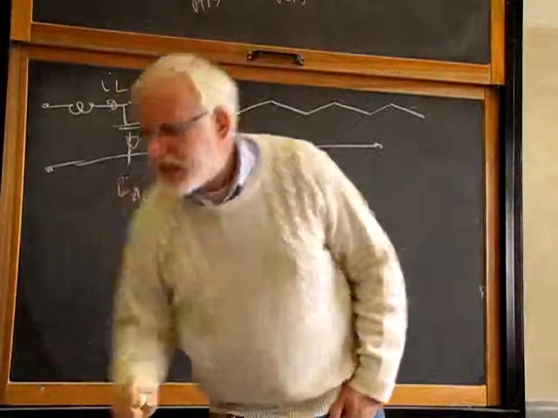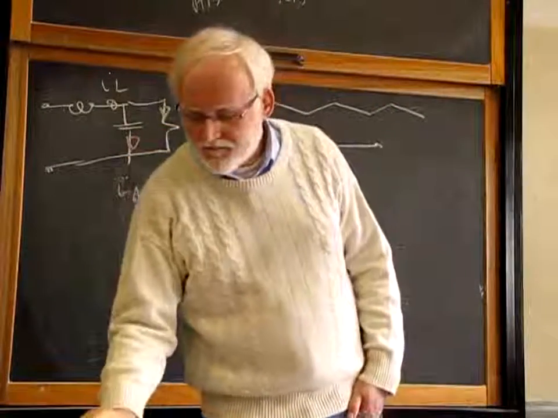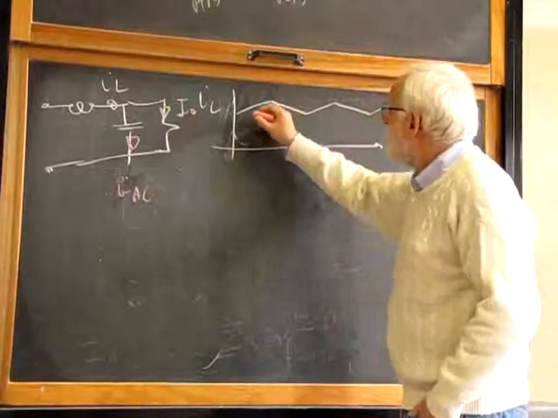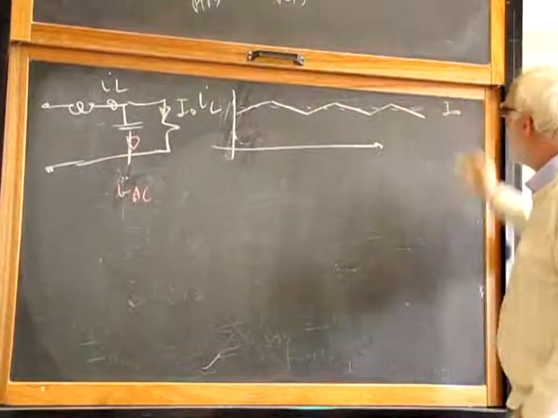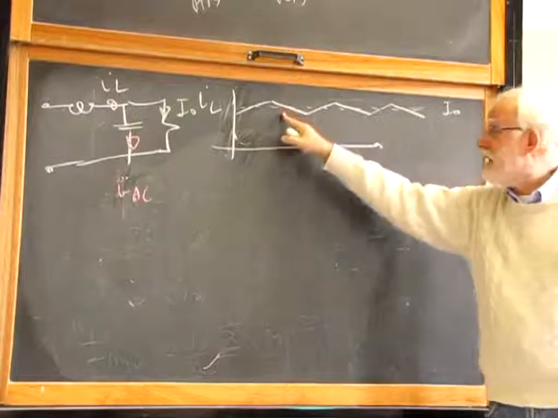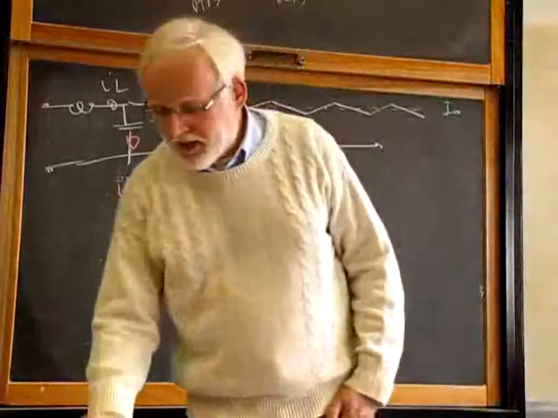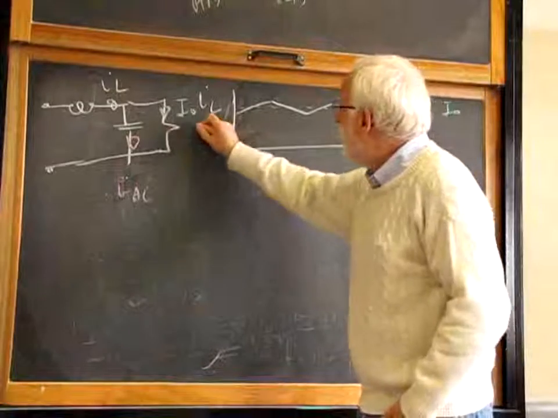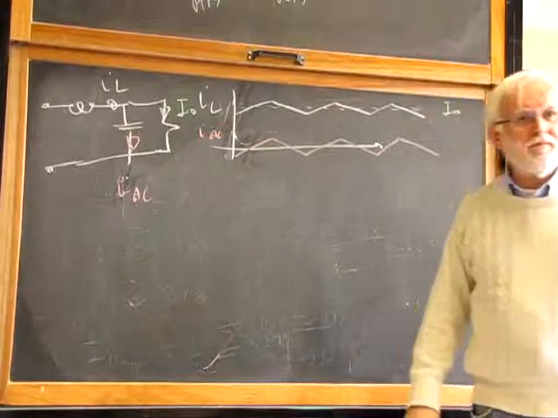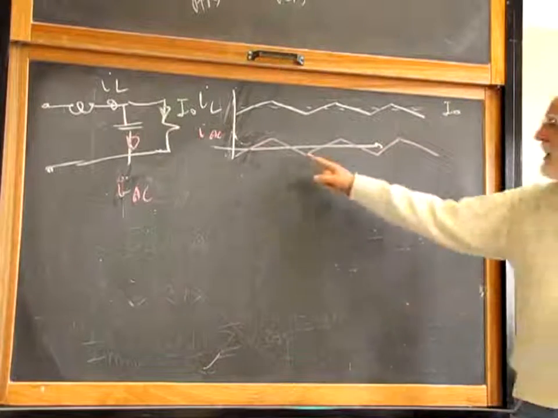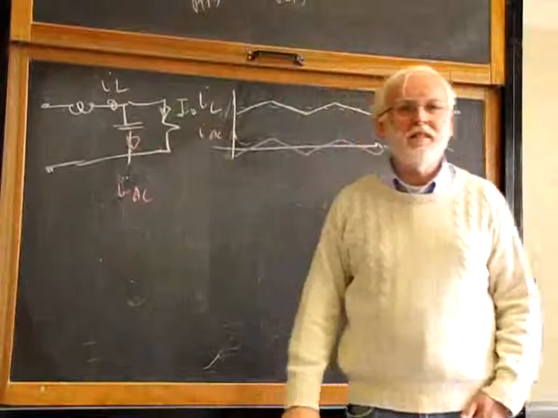And we have I_DC or I naught, that is the current flowing through the load. The average value of the inductor current, this is I naught. The average value of the inductor current flows completely, totally to the load. What about the AC component of this current? The AC component, I_AC, is something like this. Does the AC component flow completely, totally, fully through the capacitor?